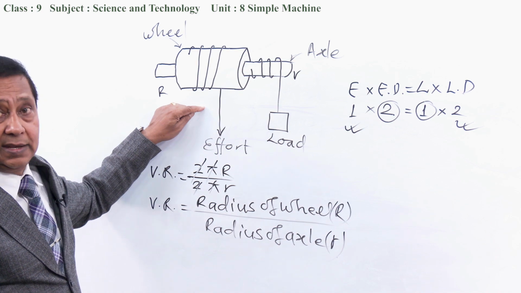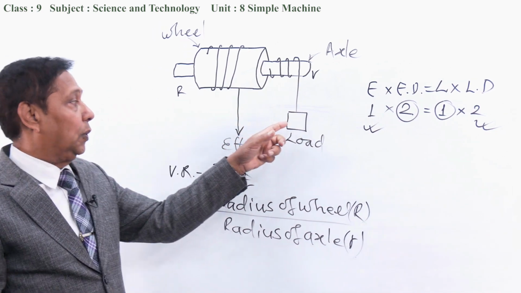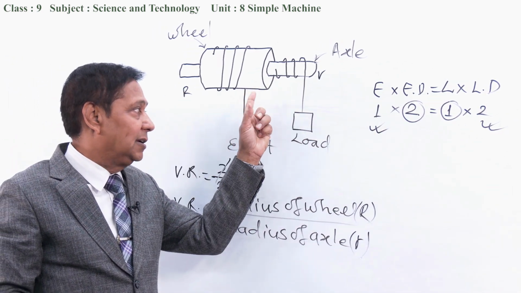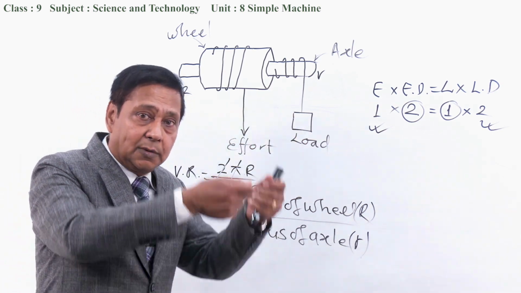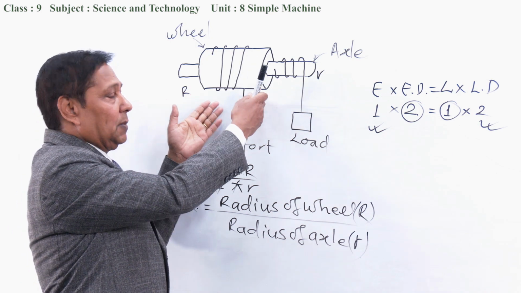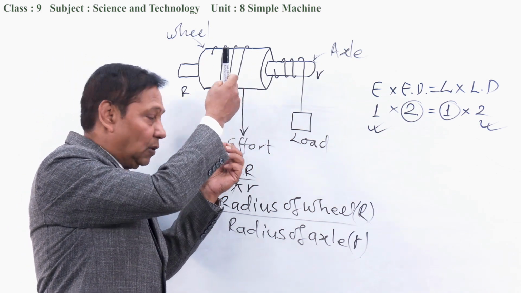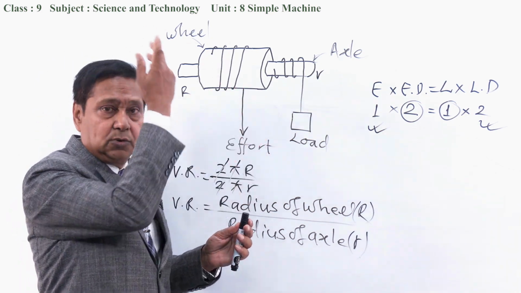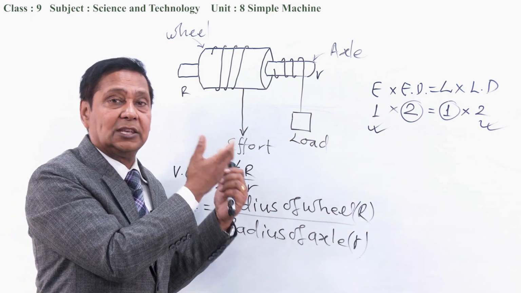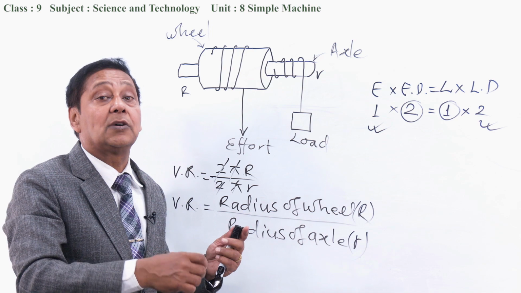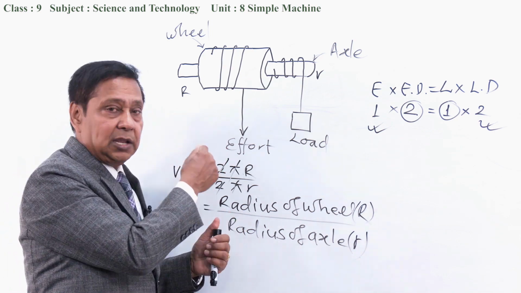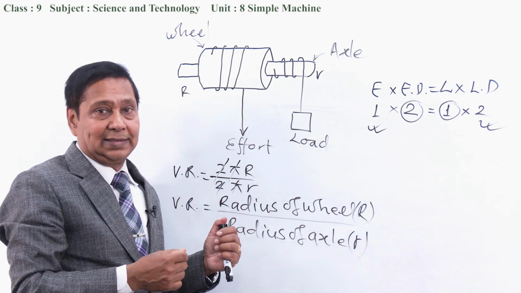Without the machine, if we had to raise this load, the direction of force becomes vertically upward. But when this machine is used, then we are applying force in the downward direction and load is raised in the upward direction. That's why this simple machine is changing the direction of force. This advantage also can be obtained by this wheel and axle.